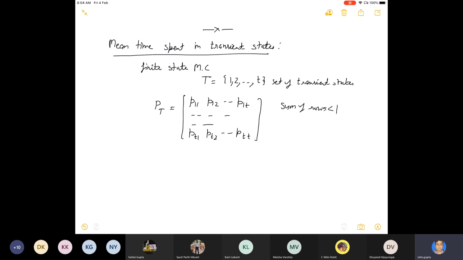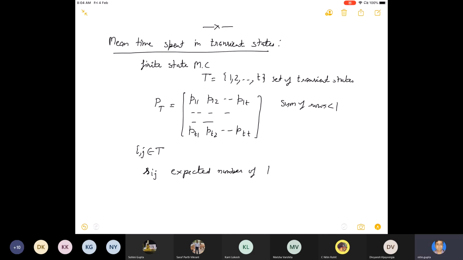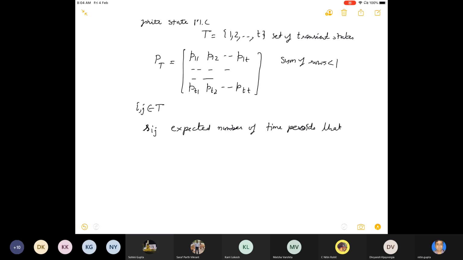Okay, so let us say that i and j belong to the set of transient states, and we denote by Sij the expected number of time periods that the Markov chain is in state j, given that it starts in state i.